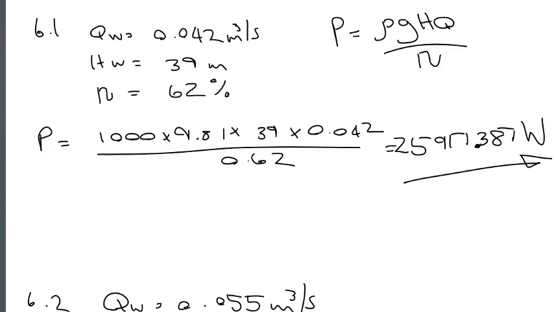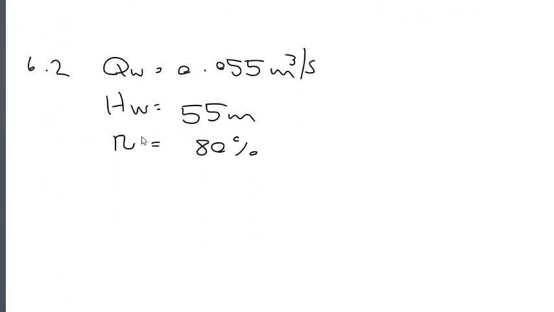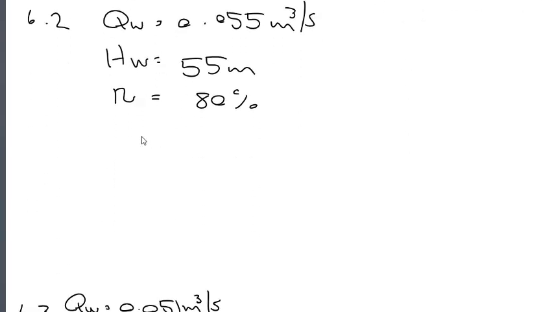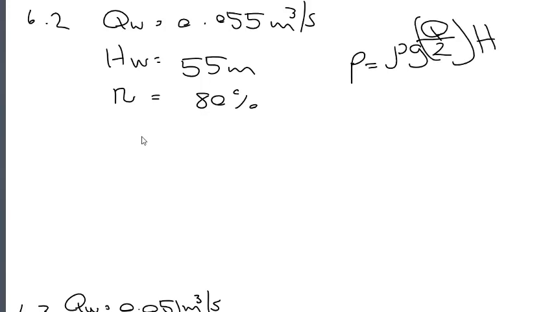Now the next one is for the pumps in parallel. Here again we'll use the same formula, where power is equal to the density times gravity times Q, but Q divided by 2 here, times H, divided by the efficiency.